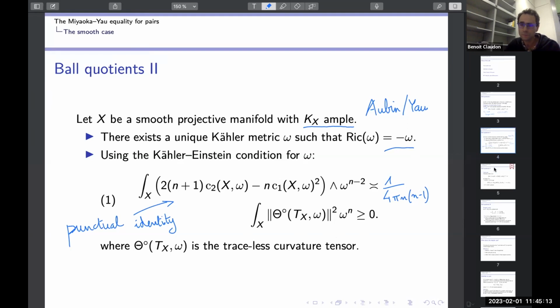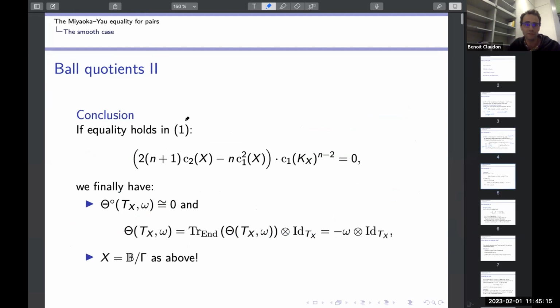And what you get is, if the equality holds, so this is just a cohomological constant, but it can be computed using this integral. If this quantity is 0, then we deduce that, of course, the corresponding L2 norm is 0.